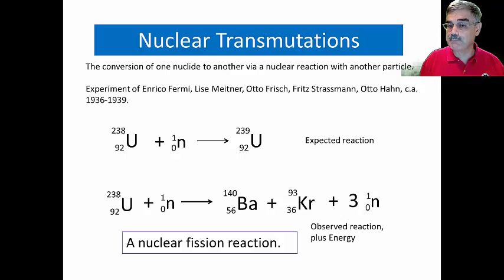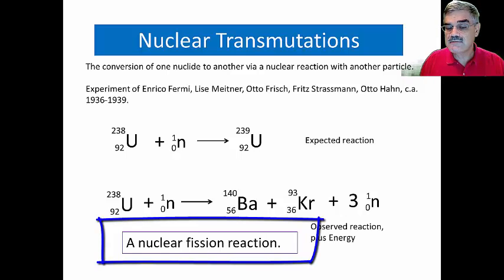Rather than forming a bigger nuclide, you form two smaller nuclides, barium and krypton. Plus 3 additional neutrons were generated, plus a lot of energy. What we now call a nuclear fission reaction.